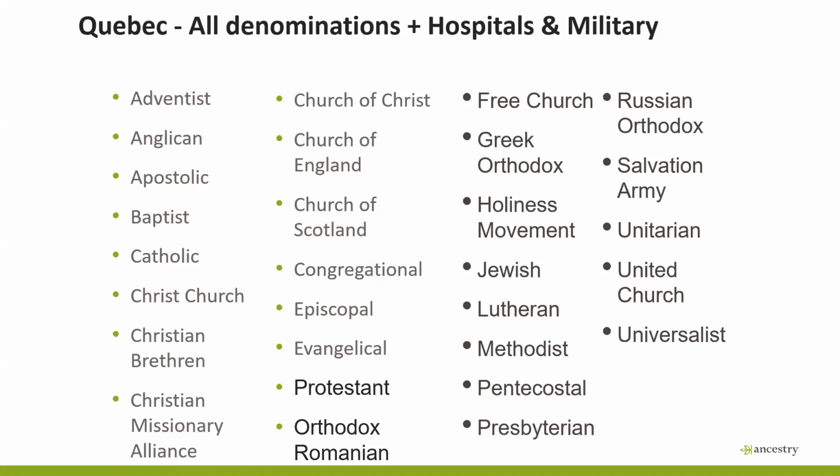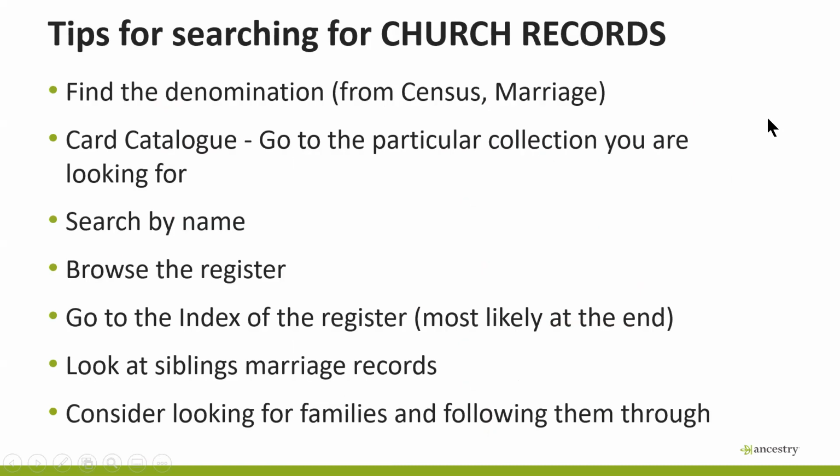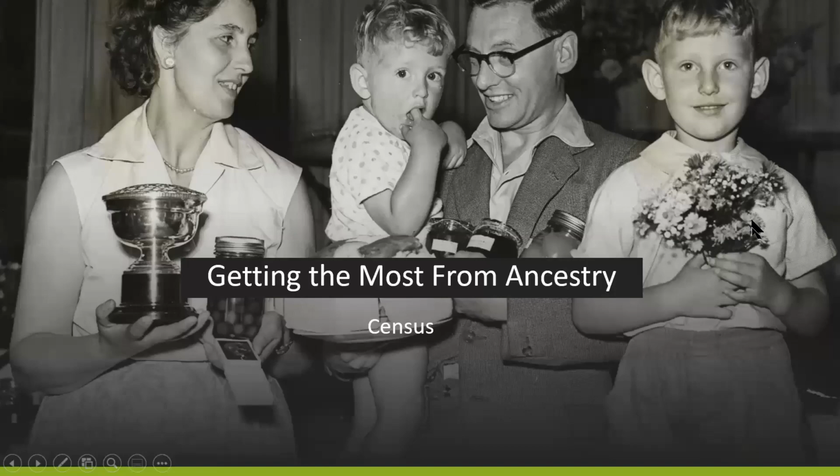So if you're Irish, came through Grosse Isle and Quebec City and landed up in Montreal, they would obviously try and find a church or start a church, and so you can look up those records whether they're Protestant or Catholic. And I have some tips here for searching church records.